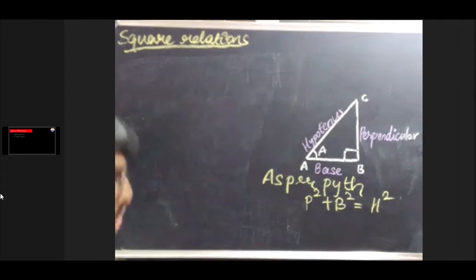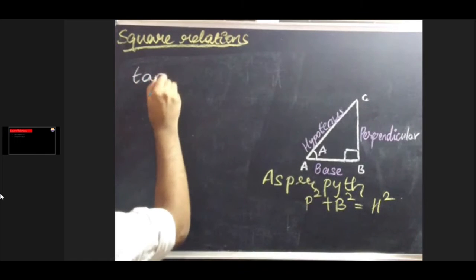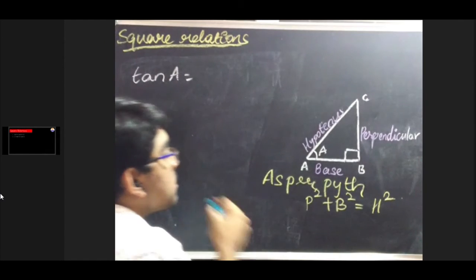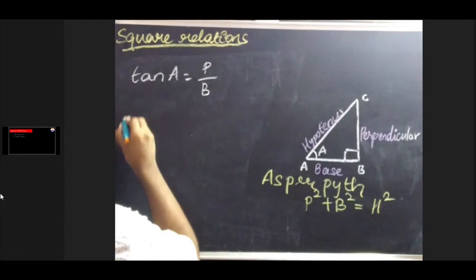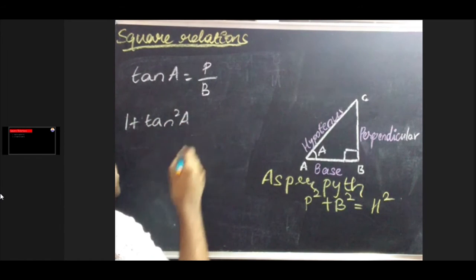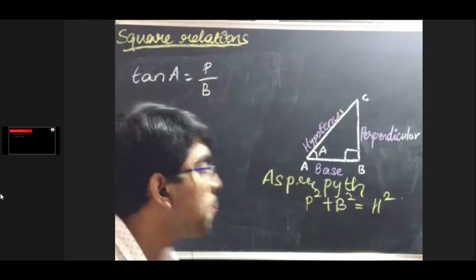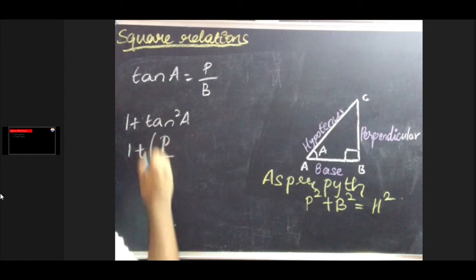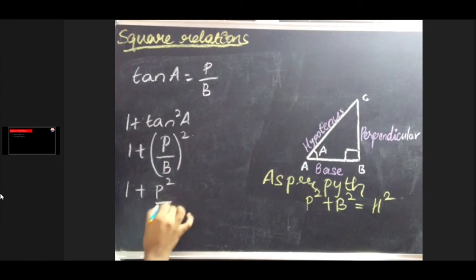So let's take tan A, which has perpendicular by base. 1 plus tan square A is what? 1 plus tan A the whole square, so 1 plus P by B the whole square, which is 1 plus P square divided by B square.